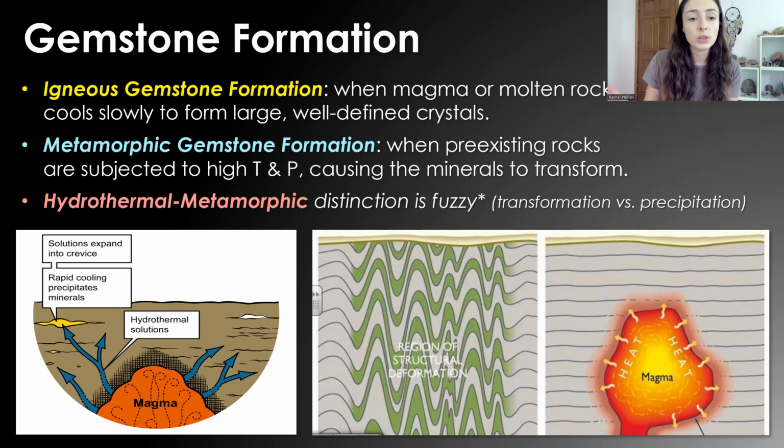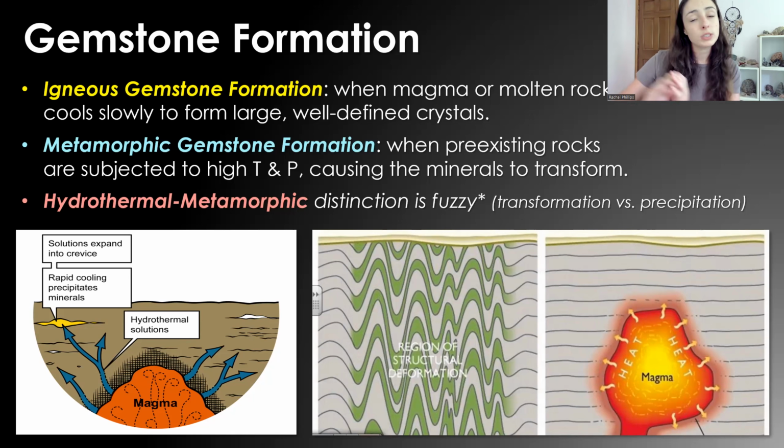All of those fancy words just mean minerals that come out of that solution, crystallize from that hot mineral-rich water solution. Those I kind of distinguish from metamorphic ones because it's not the host rock that's transforming due to the high temperatures and high pressures. Rather, they're crystals that are forming directly from the mineral-rich solution.